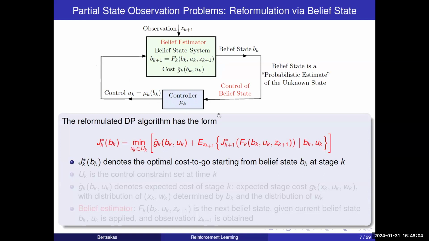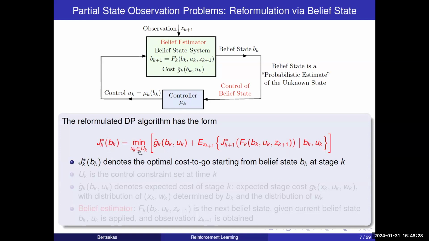And it has a dynamic programming equation in principle. In principle, you can apply dynamic programming with a cost-to-go function J_k star that depends on the belief state, because we're considering this problem involving beliefs, not the original. And it's given by the usual type of formula.